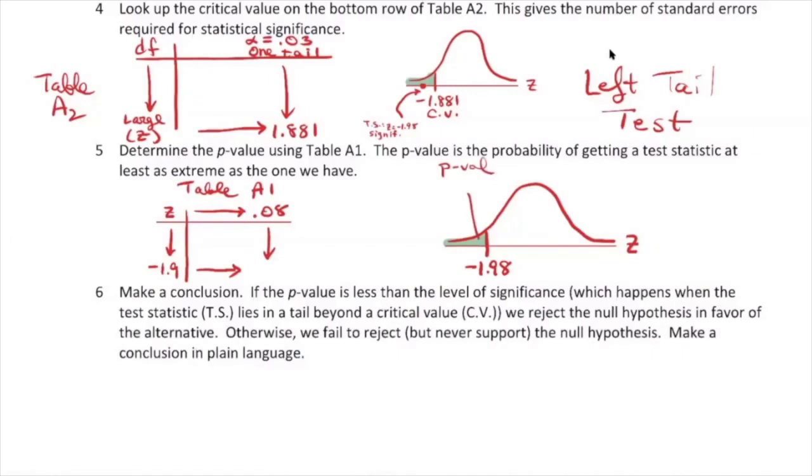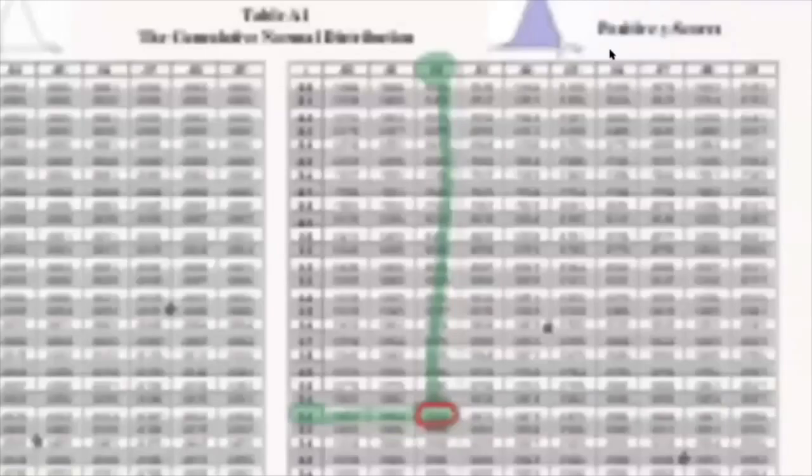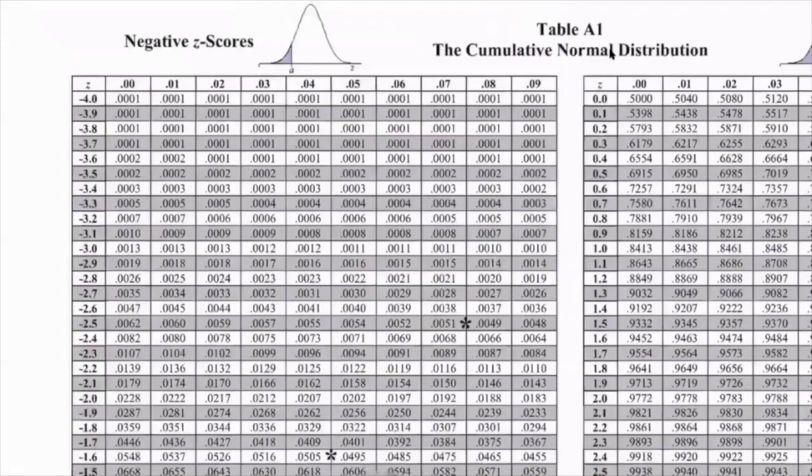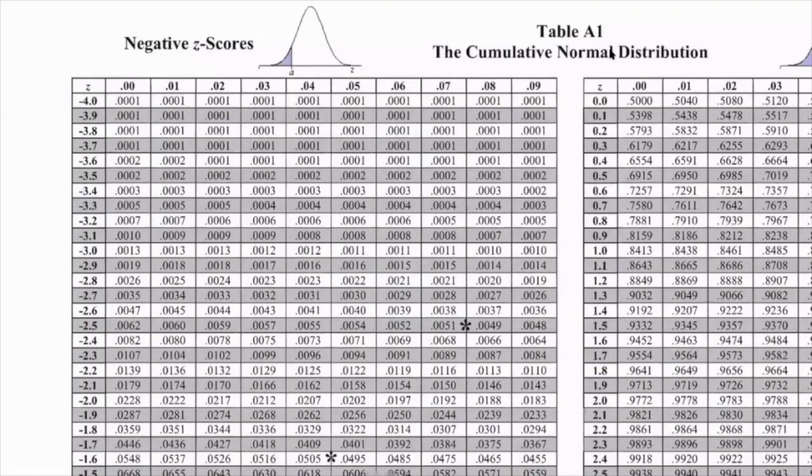Okay, so let me jump over to table A1. This is a negative z-score, so here's negative 1.98. This is what I see, 0.0239. Any questions about that? This again is a left tail test.